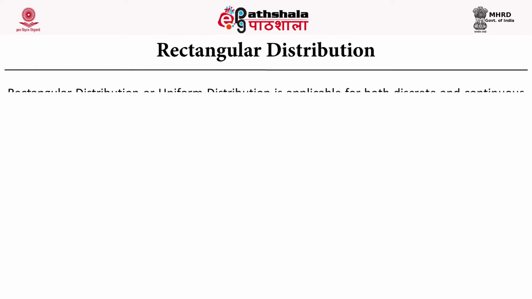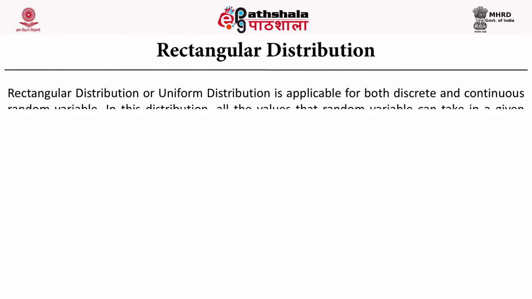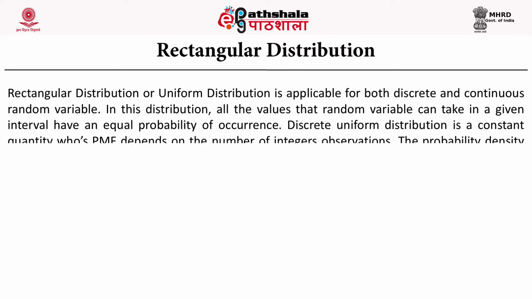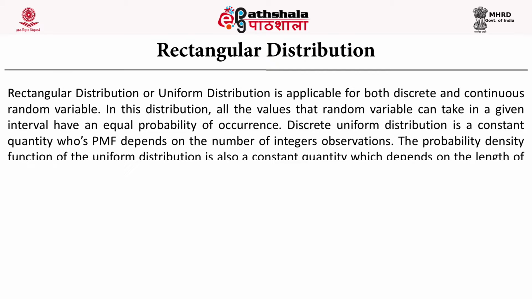Now we discuss another distribution, that is called rectangular distribution. Rectangular distribution or uniform distribution is applicable for both discrete and continuous random variables. In this distribution, all the values that the random variable can take in a given interval have an equal probability of occurrence. The discrete uniform distribution is a constant quantity whose PMF depends on the number of integer observations.